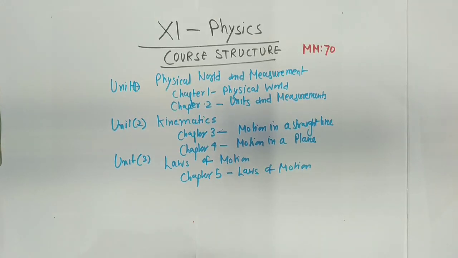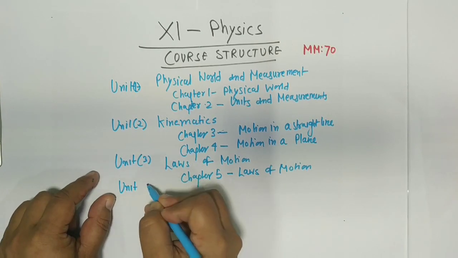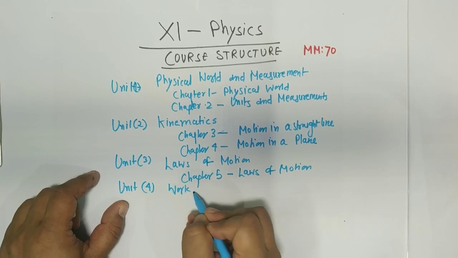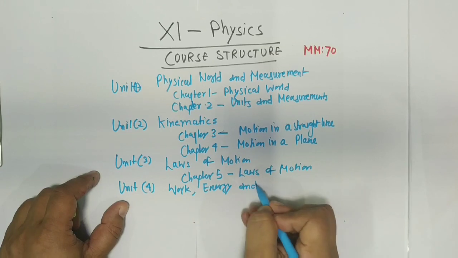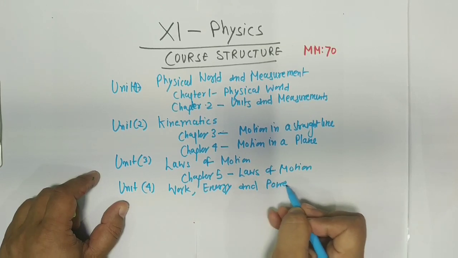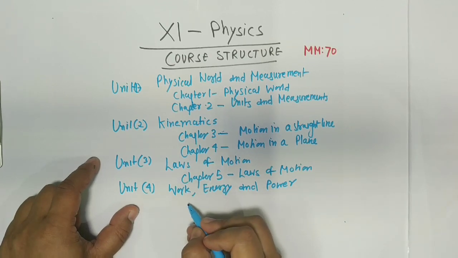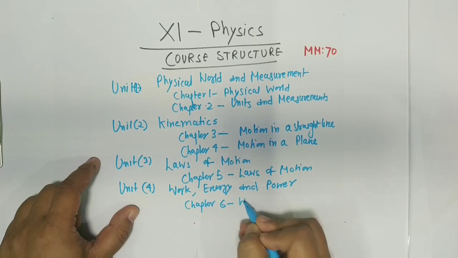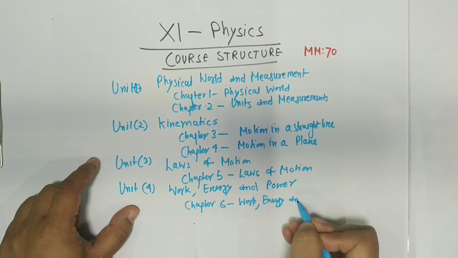Then unit 4 is work, energy and power. We'll talk about how work, energy and power are calculated. In this unit we have chapter number 6, which is work, energy and power itself.